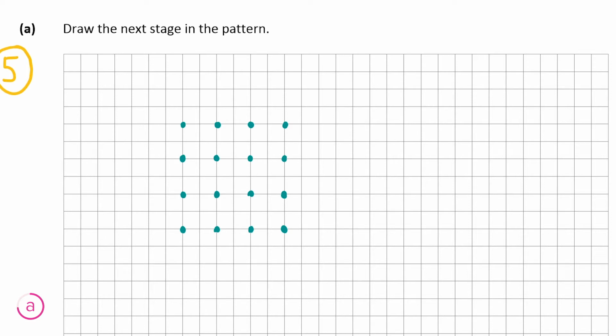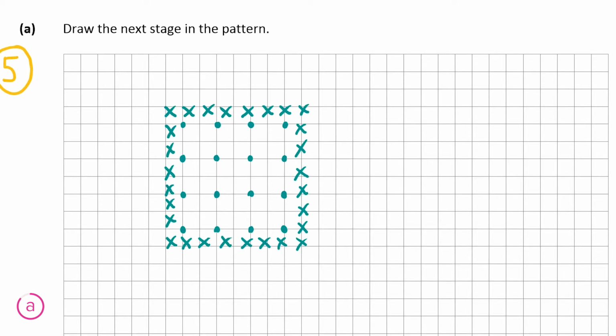Therefore our fourth pattern, which is the one we're drawing, should have 32. 32 divided by 4 is 8, that means it should have 8 on each side. Let's draw those in now. There we have it, that is the next stage in the pattern with 16 apple trees and 32 coniferous trees. That's part A of the question, and as I said, it's very straightforward.